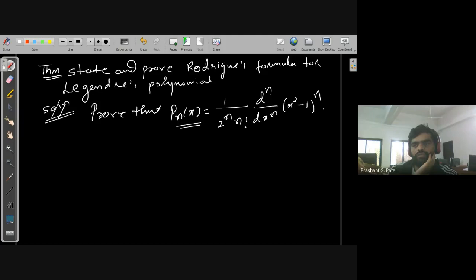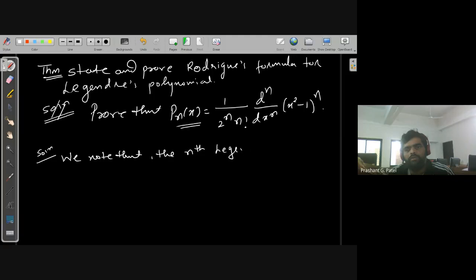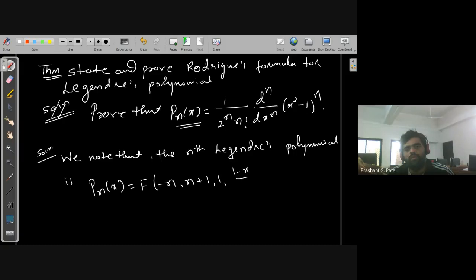So what we can note here is Pn of x, we already calculated. We note that the nth Legendre polynomial Pn of x is equal to F of minus n, n plus 1, 1, (1 minus x) by 2.